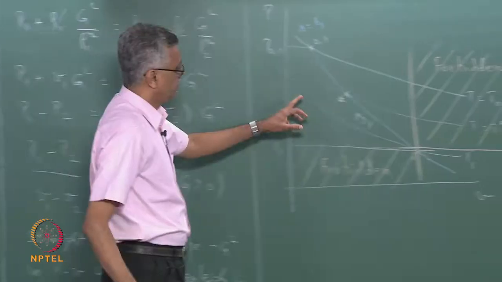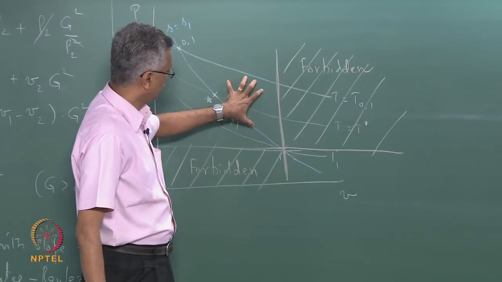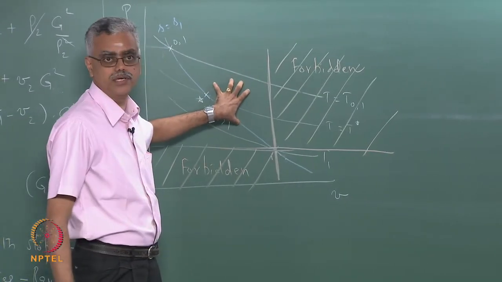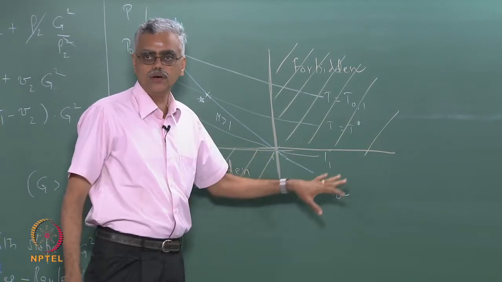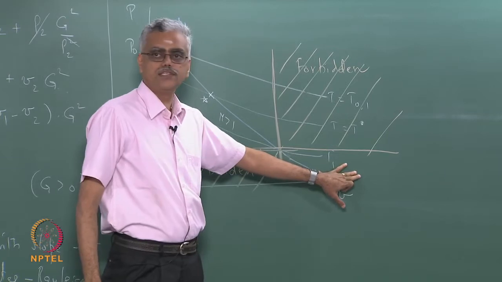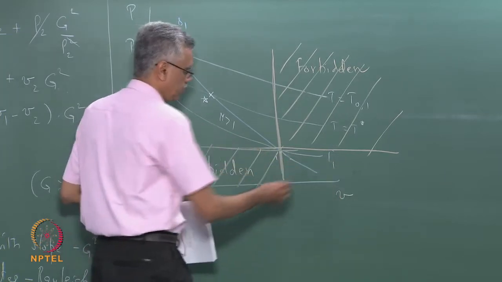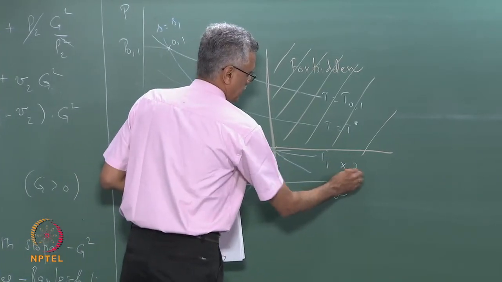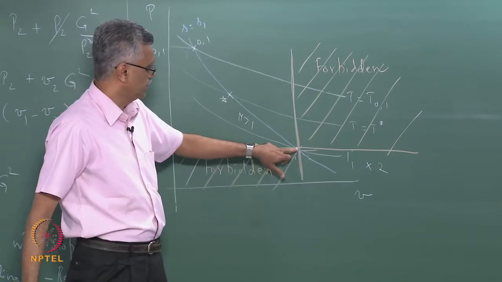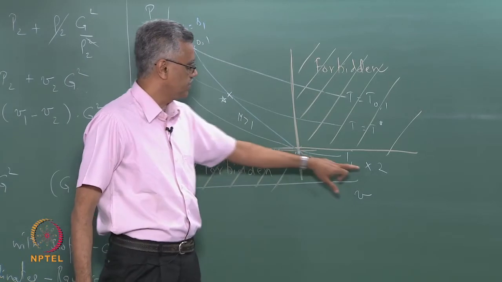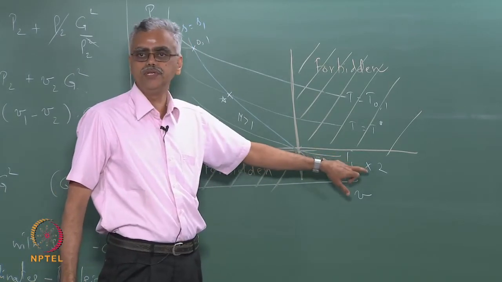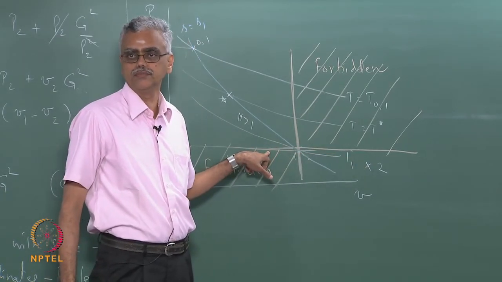Now we are left with two choices. The second state can be here, or second state can be here, starting with this state. Now if the second state lies here, let us say that this is state 2, this is state 1. What can we say about P2 and V2 in comparison to P1 and V1?